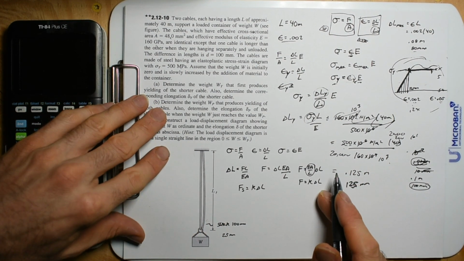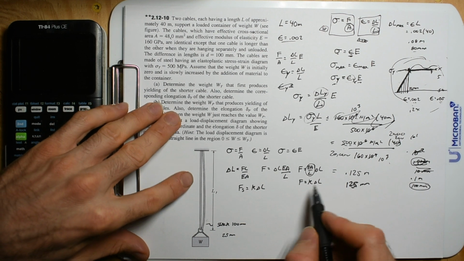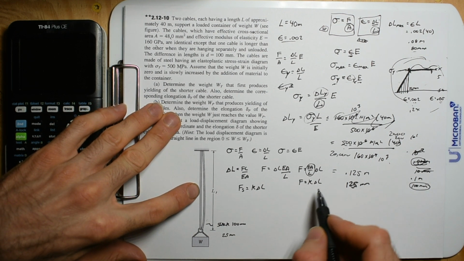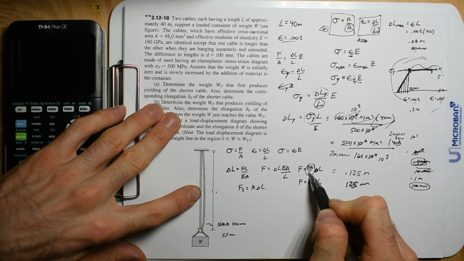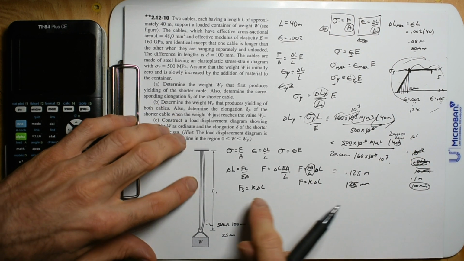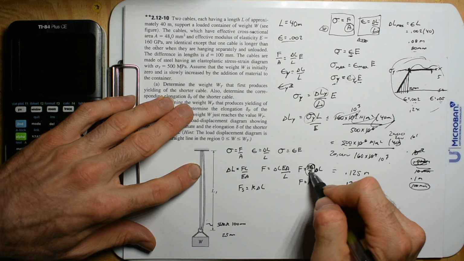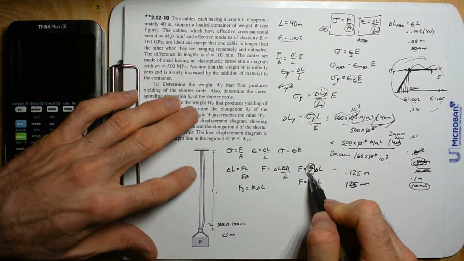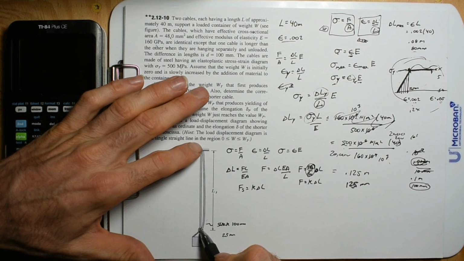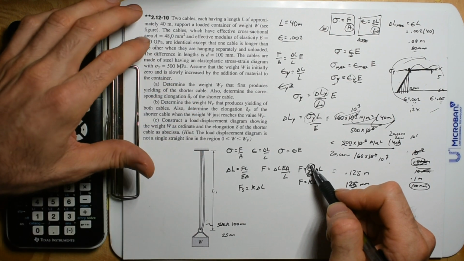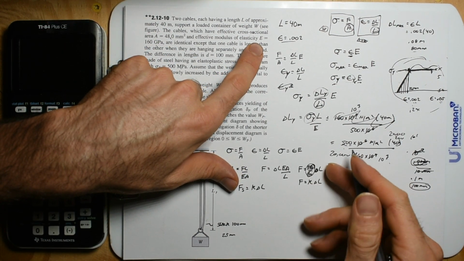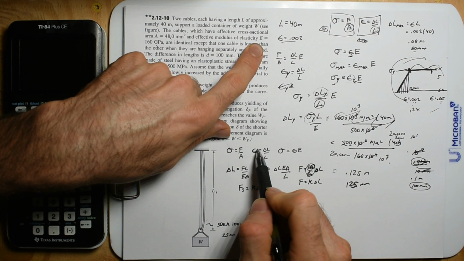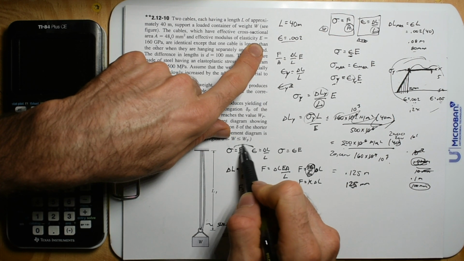EA divided by L, these are all given parameters. We've already made the cable. So A and L are what you made the stuff out of. We already established that we have a 40-meter cable, and then we have a cross-sectional area of A, and then we have a material that has a property that relates these two things, stretch and breaking force.